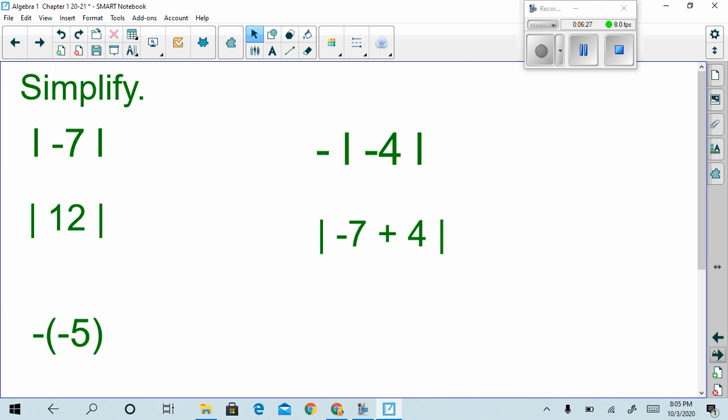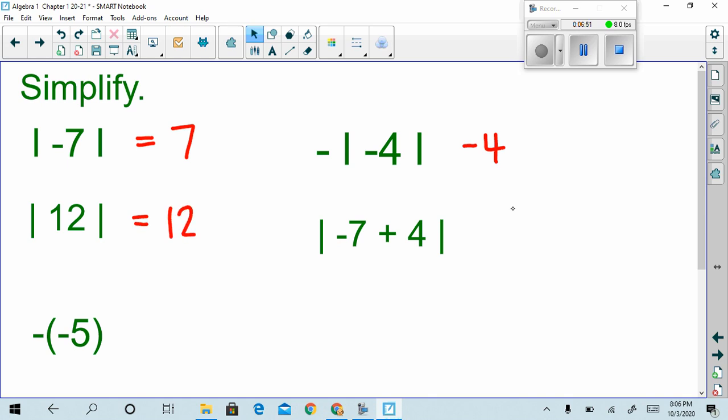Let's simplify. Let's go across. We'll start with the absolute value of -7. Well, absolute value of -7 is just 7 spaces from the origin. The one to the right here says the opposite of. Well, the opposite of the absolute value of -4 would be a -4. Absolute value of 12 is 12.